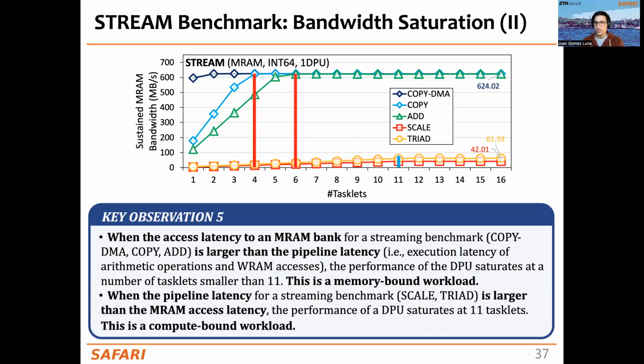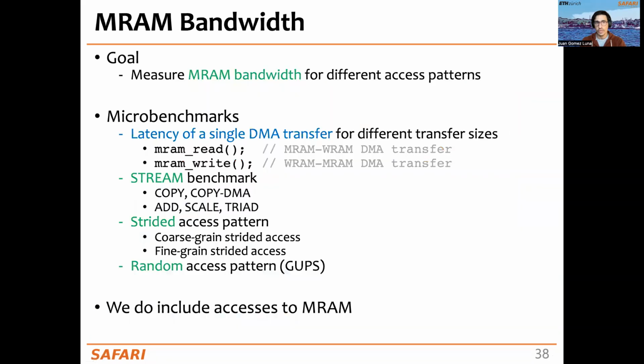There will be other cases where the pipeline latency is larger than the memory access latency, and this is a compute-bound workload. As we will see, most real-world workloads will be compute-bound workloads on this architecture, because in most of the cases, we will have computation that is more complex than just this copy operation or this add operation that we perform in the stream benchmark.